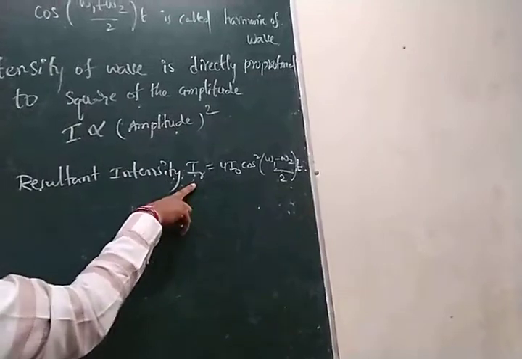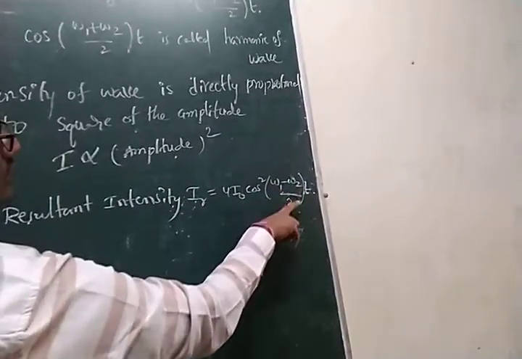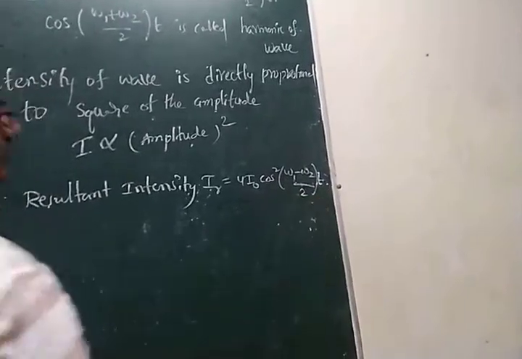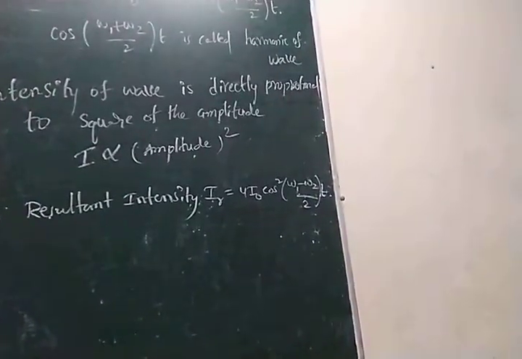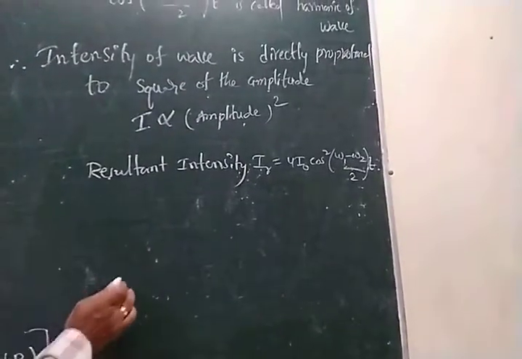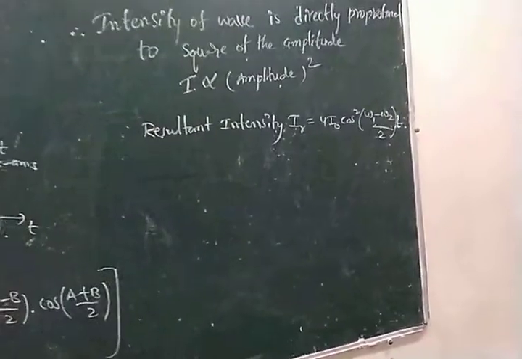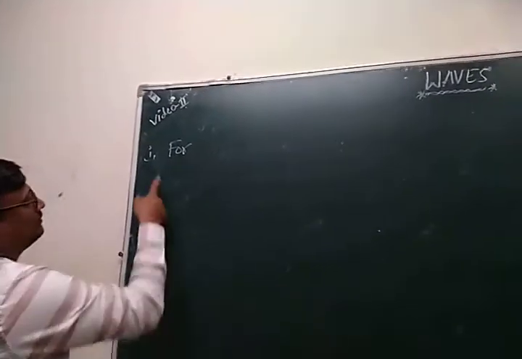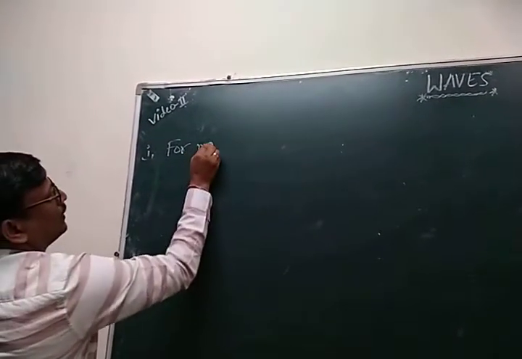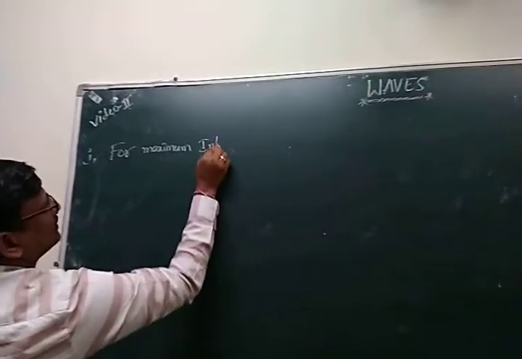The formula is IR is equal to 4 I naught cos square of (omega 1 minus omega 2) by 2 into t. Then we can find out the maximum intensity and the minimum intensity. See here, the first condition for maximum intensity.